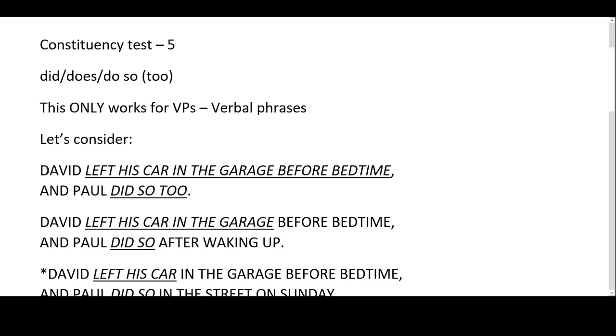And if we consider, for example, David left his car in the garage before bedtime, and Paul did so too. I'm sure you agree with me that did so too is replacing left his car in the garage before bedtime, and the result is grammatical, and therefore that gives me evidence that this string of words is a constituent.